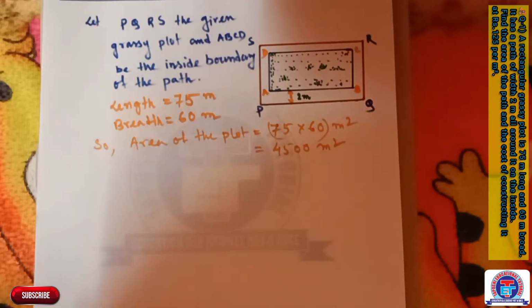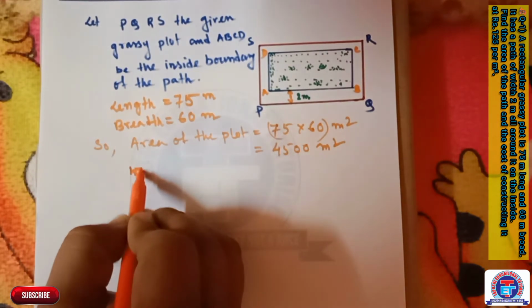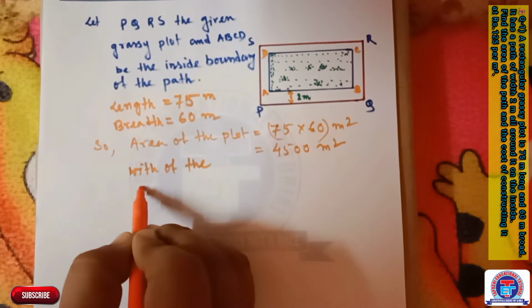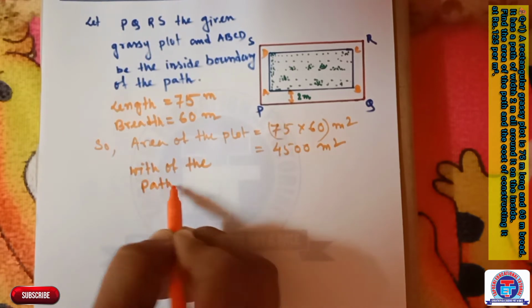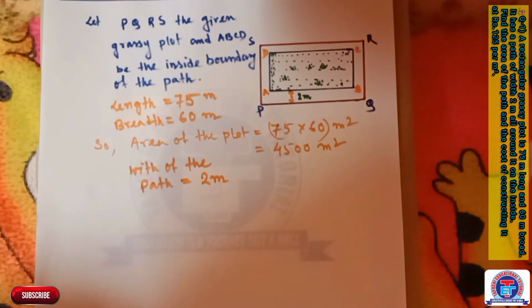Now the width of the path is given as 2 meters, correct.